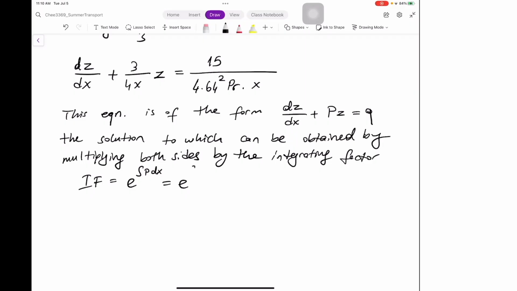E to the integral, for our case, 3 over 4x dx, which is equal to e to the 3 over 4 logarithm of x, which is equal to e to the power logarithm of x to the power 3 over 4.